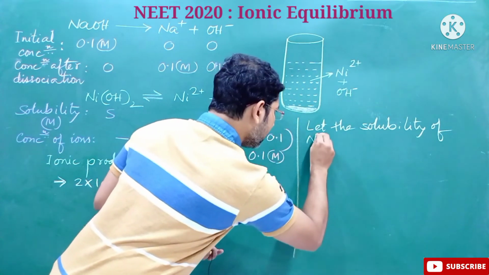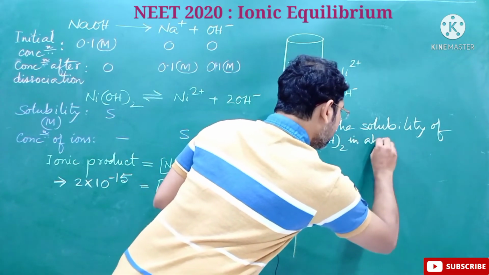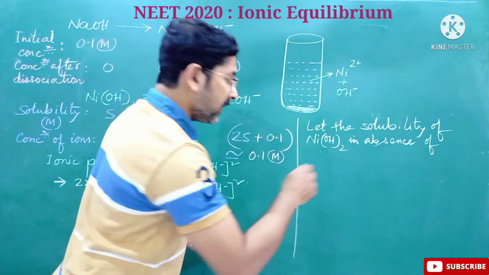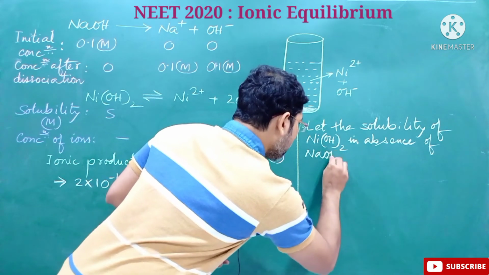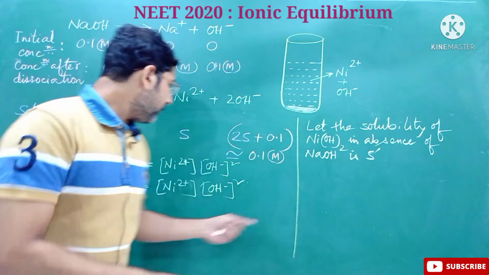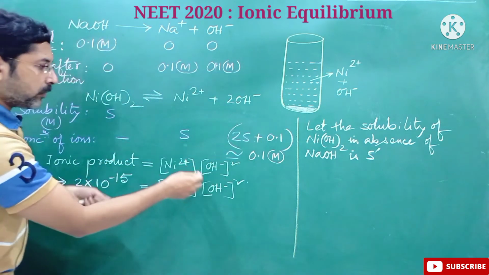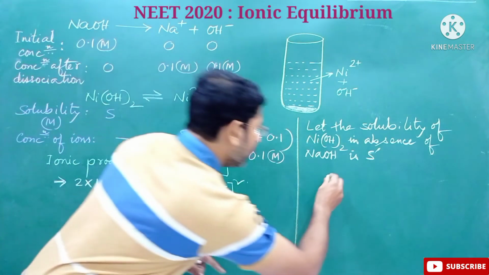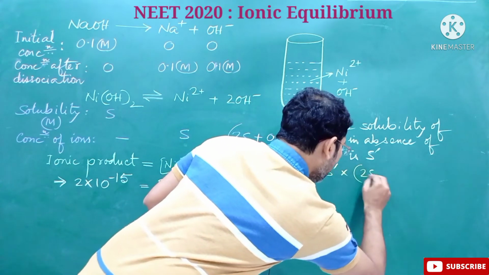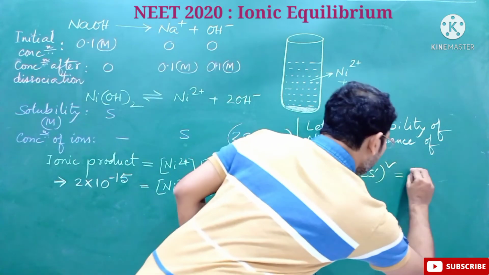Let the solubility of nickel hydroxide in absence of NaOH be S prime. Then the concentrations are S prime and 2S prime, so the ionic product will be S prime into 2S prime whole square, and this will be equal to 2 into 10 to the power minus 15.